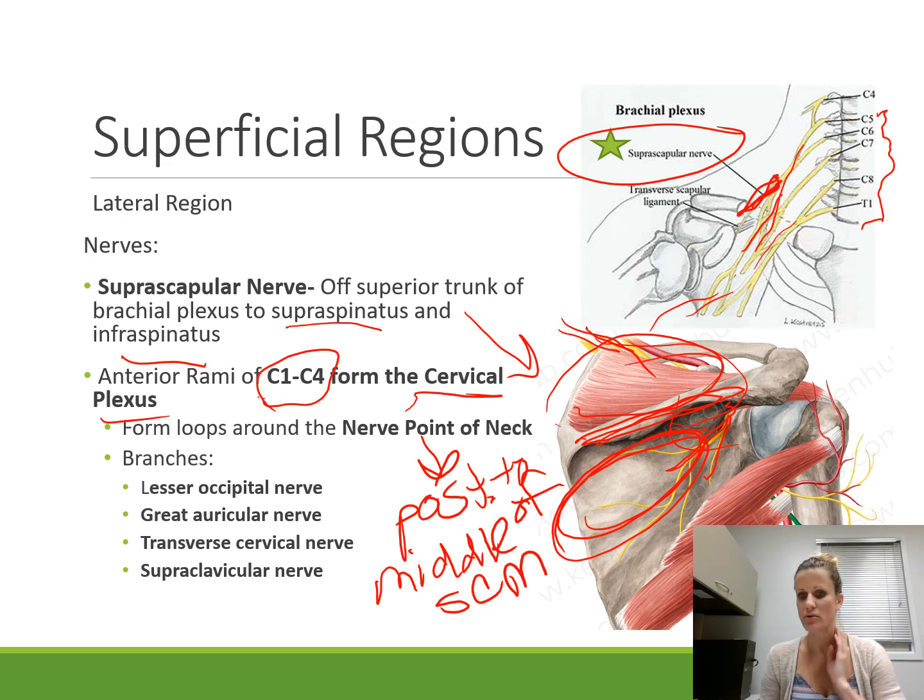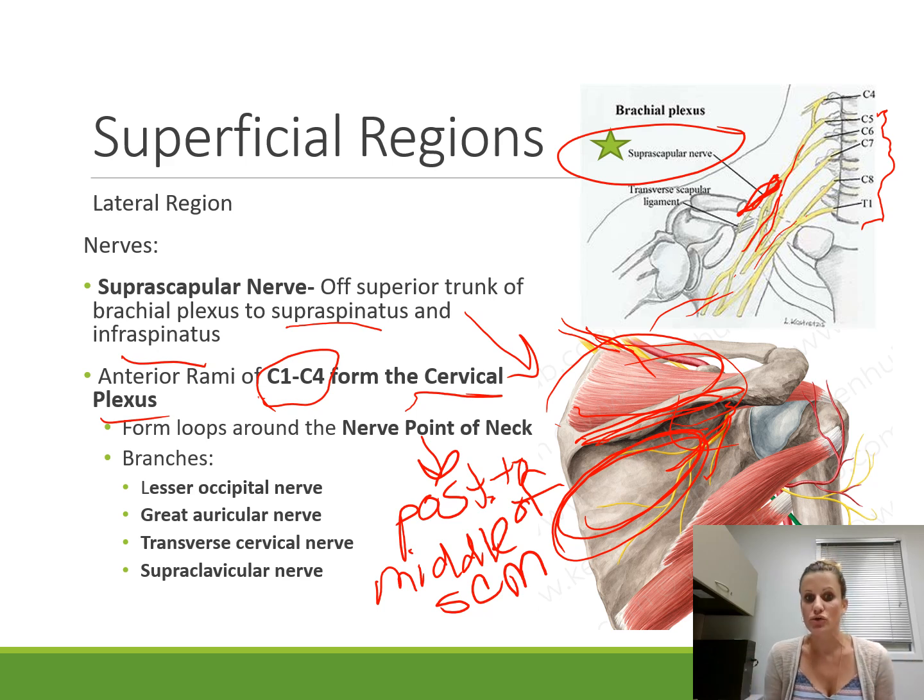Okay, so the sternocleidomastoid forms the border of the lateral region. So if you find the middle of the sternocleidomastoid and go just posterior to that, that's about the level where the nerve point of the neck is.